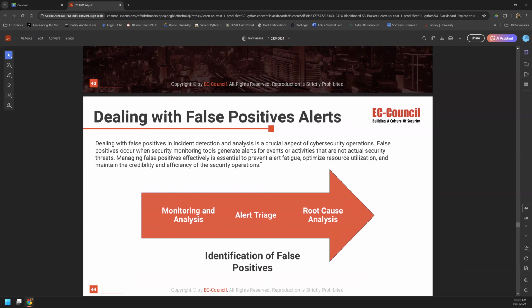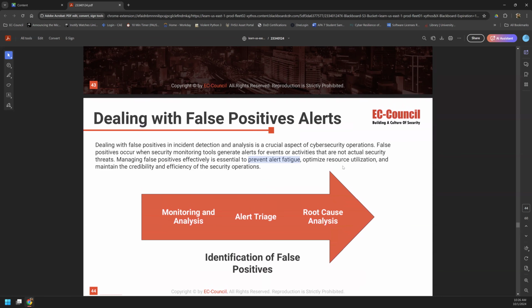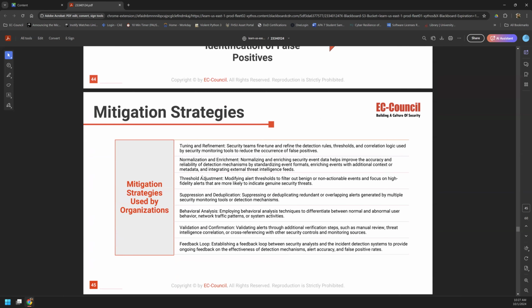And so managing those false positives is essential to prevent alert fatigue. Basically, you guys are burned out by seeing the red flashing light every single time. Also optimizing resource utilization, so that you guys aren't off chasing individual threats, and to maintain the credibility and efficiency of the security itself.